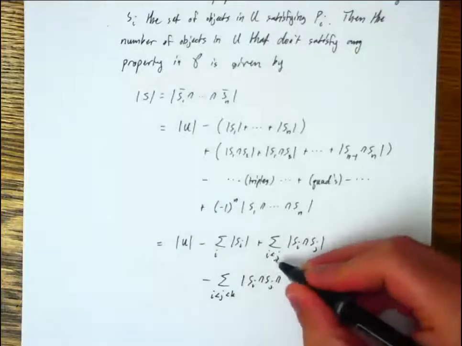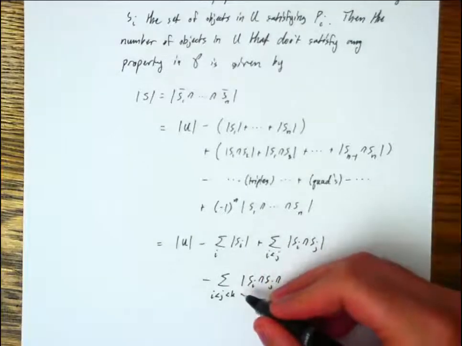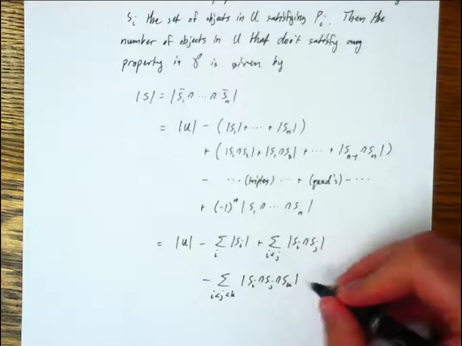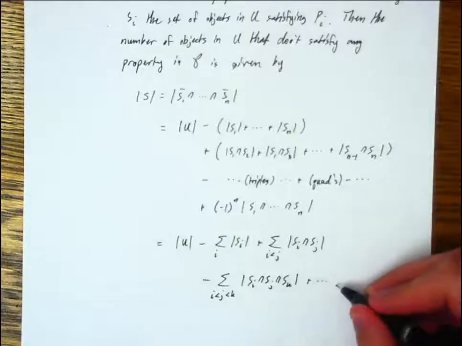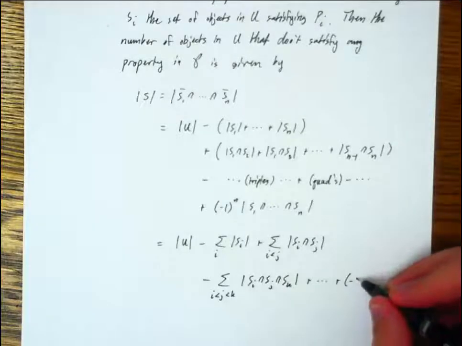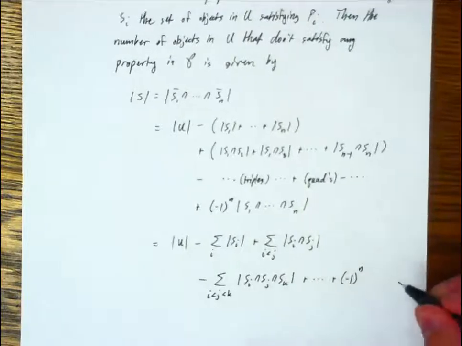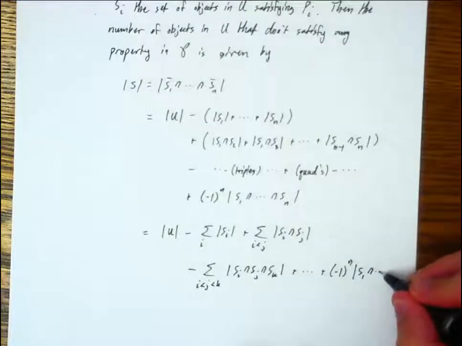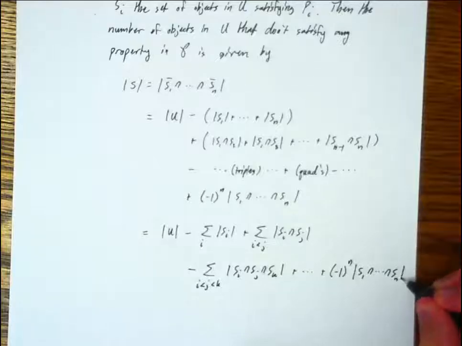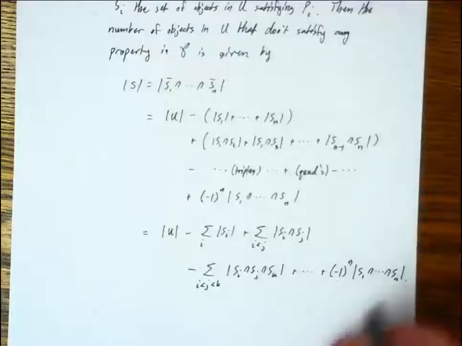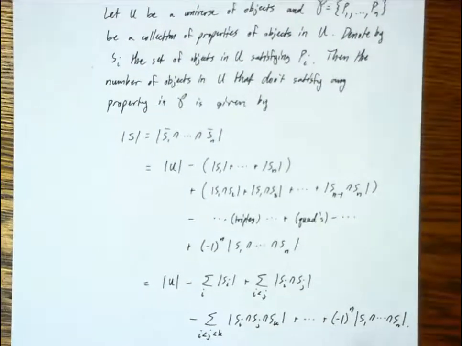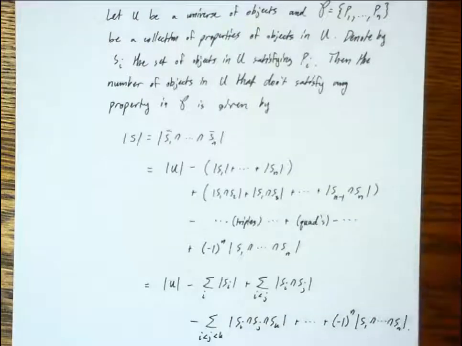Right? The fact that I'm making all these indices increase in order is so I don't double count things in my sums. And then we're going to add a whole bunch of other things until we get down to that last term. In the last term, there's only one way to intersect all n sets. And that's this fellow here. Whew. That in its entirety, let's see if I can fit it all on one page. There it is. Without the title, that's the principle of inclusion and exclusion.